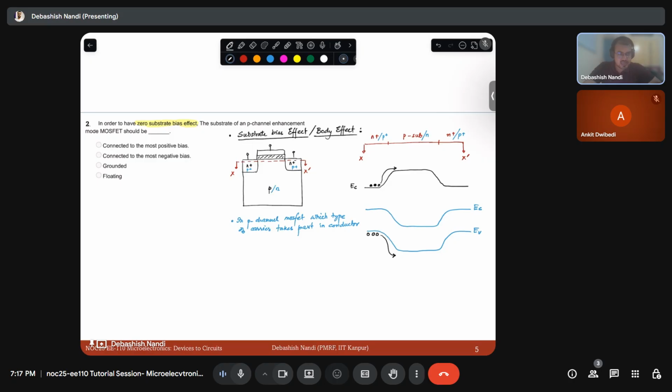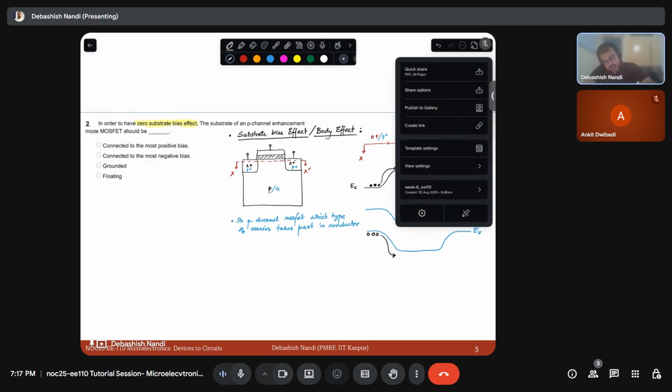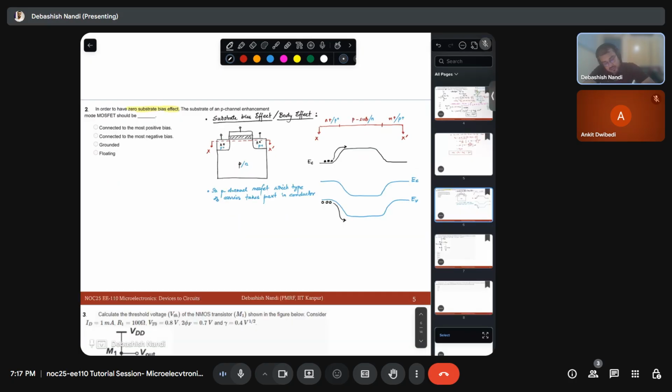This is a little bit difficult for you to understand because we always plot the electron energy on the y-axis. That is why we'll discuss the n-channel MOSFET, and analogically we'll just tell what will happen in case of the p-channel MOSFET. So let me add one page.